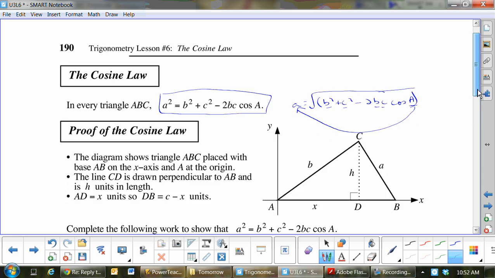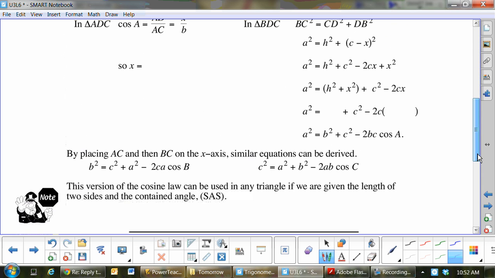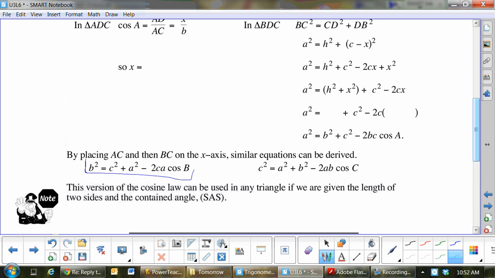Now, if B is the one you're looking for, do you see how it's got to be C and A, because I have to know them, and then C and A. Now, you're thinking it should be AC, yeah, most likely I would put AC, and then cos B. Look how these match. So can you start to see these similarities? Now, do you have to memorize this formula? No, it's on your formula sheet, okay? Just the one, though.